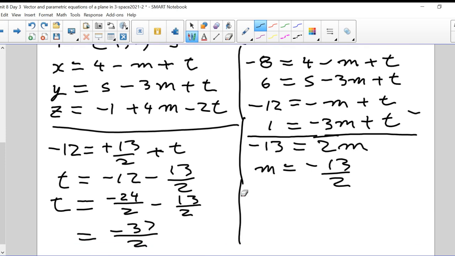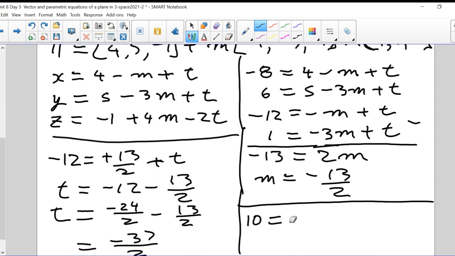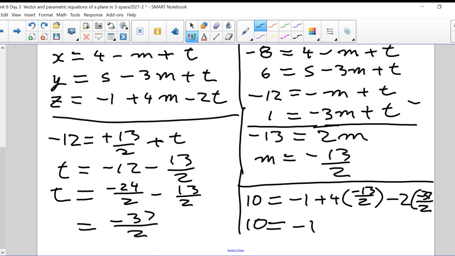So for the 10, z should be, and that z is 10, by the way, equal to minus 1 plus 4 times the m, which was minus 13 over 2, minus 2 times minus 37 over 2. Okay, so this looks like minus 1, and 2 into that is 2, so that would be minus 26.